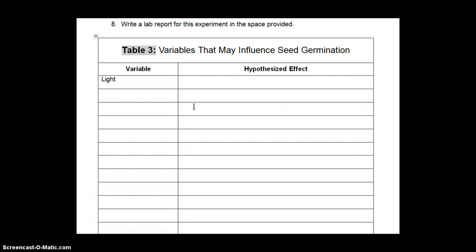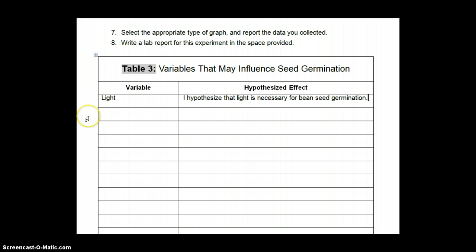So let's just pick one of those. Let's just say that you write a hypothesis that light is necessary for bean seed germination, and do 9 more, and pick 3 that you're actually going to do experiments on.